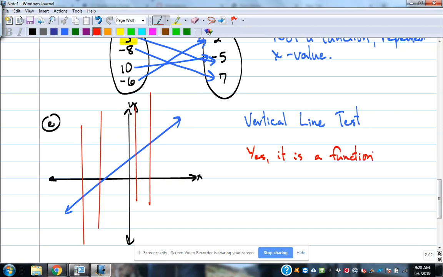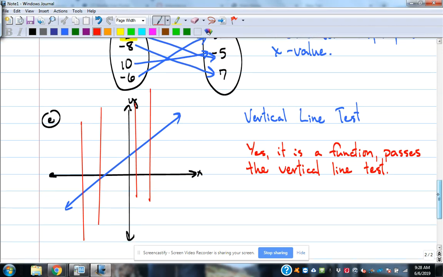It passes the vertical line test. And I'm going to show you example one that fails it in just a second. I think that'll really make some sense once you see something that does not pass the vertical line test.